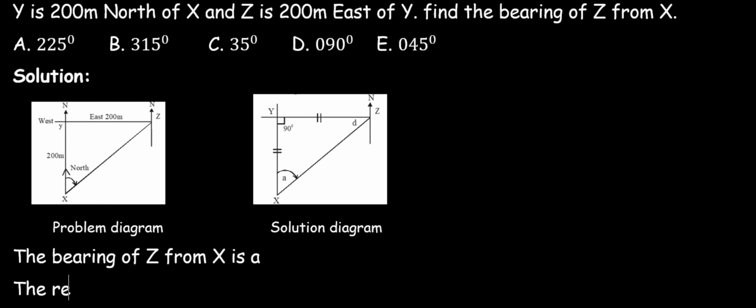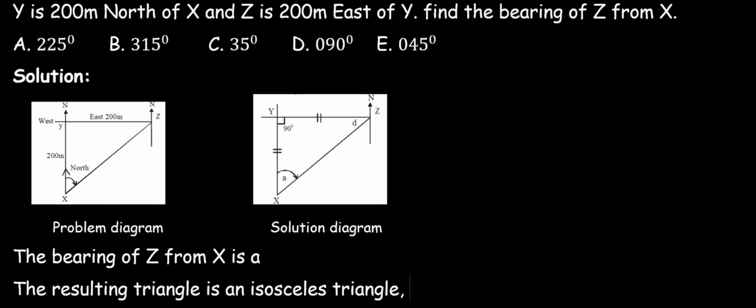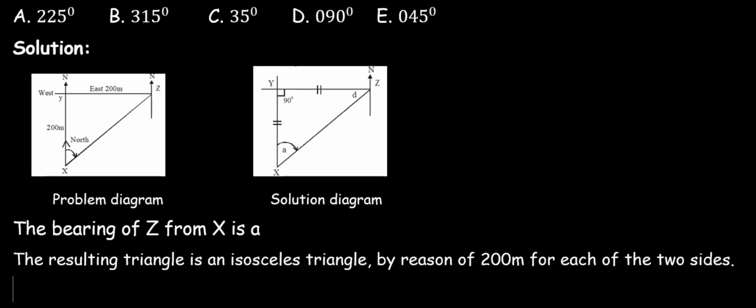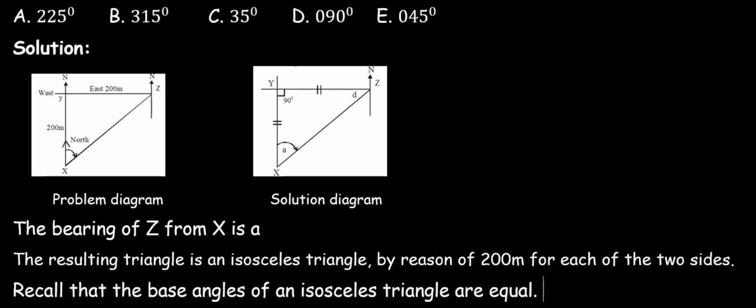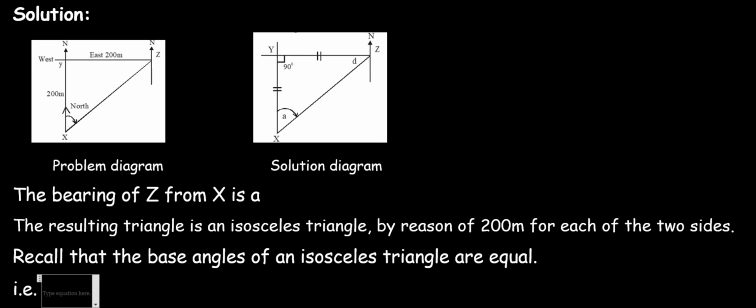The resulting triangle is an isosceles triangle by reason of 200 meters for each of the two sides. Recall that the base angles of an isosceles triangle are equal. That is, A is equal to D, base angles of isosceles triangle.